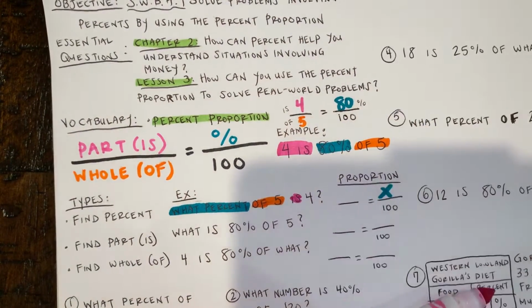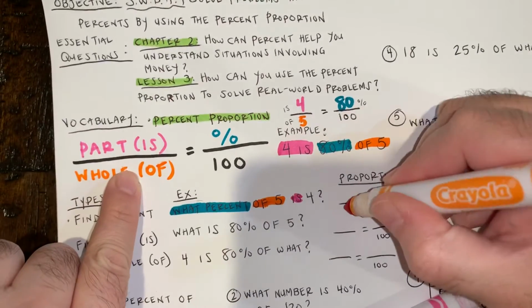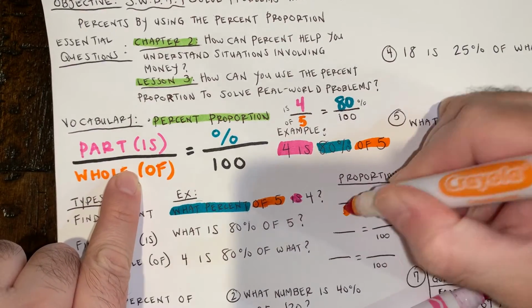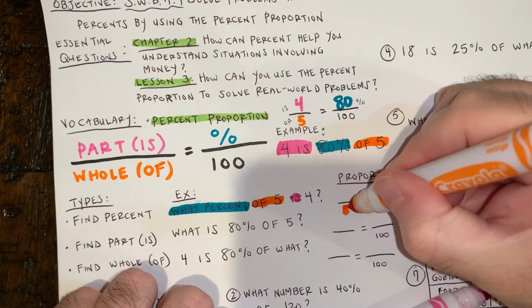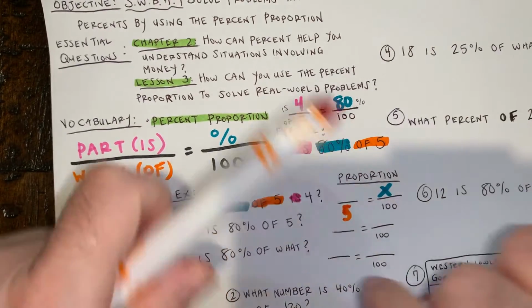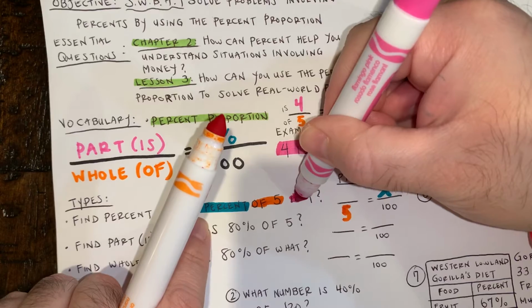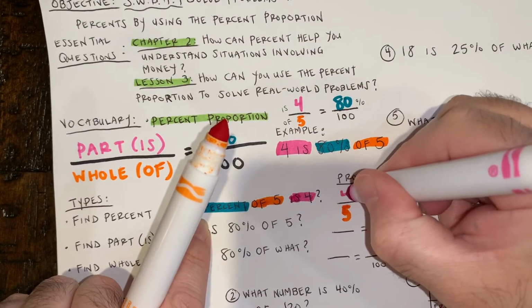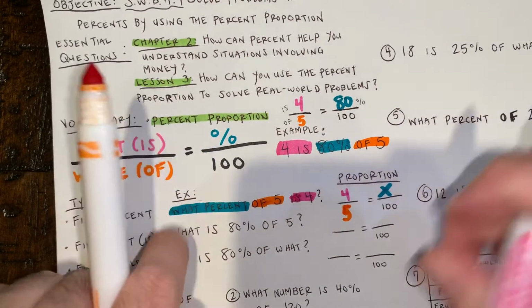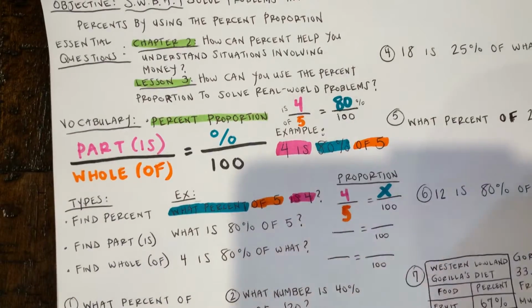So that means the of, the whole, has to be 5. Of goes down here. And then what's left over is 4, and that goes there. So that's how we do it when we're missing the percent.